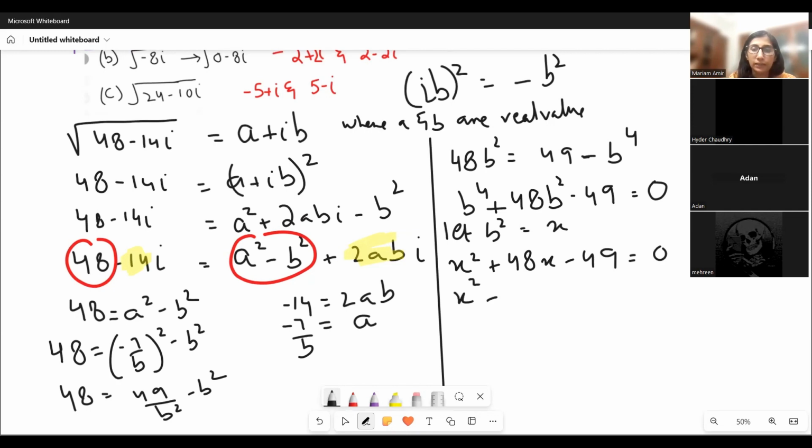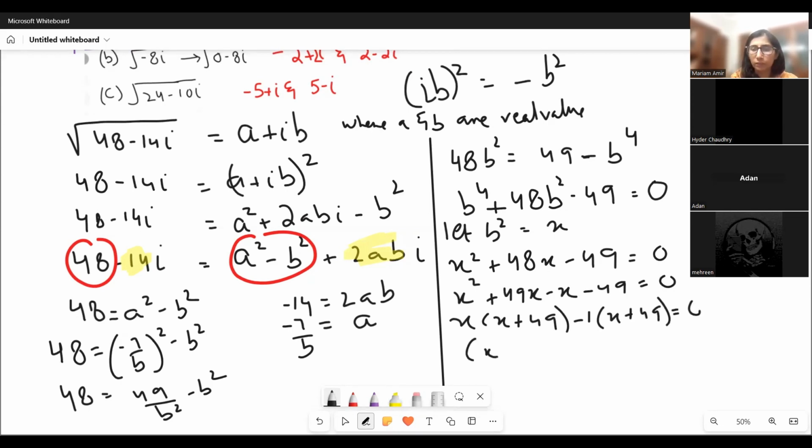X square plus 49x minus x minus 49 is equal to 0. X is common, x plus 49 minus 1 is common, x plus 49 equals 0. So x minus 1, x plus 49 equals 0, x equals 1, x equals minus 49.